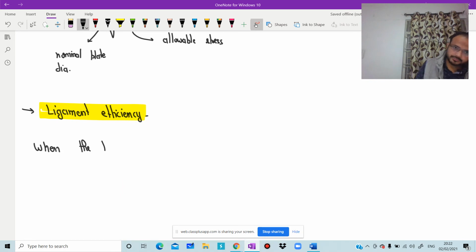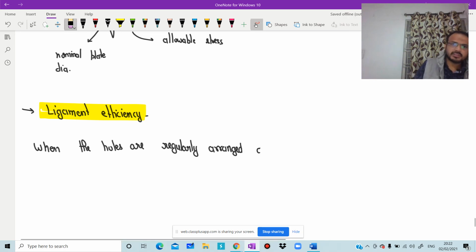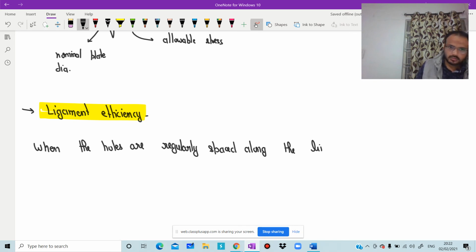When the holes are regularly spaced along the line, the efficiency is given by J is equal to PT minus D divided by PT.